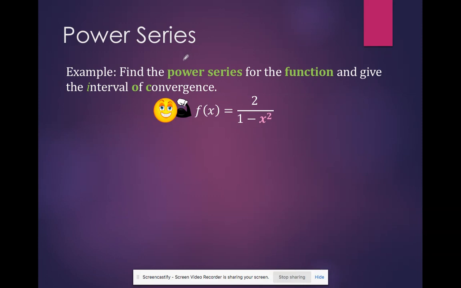So given the power series, either sigma or expanded, the problem will ask you for it for the given function. So given the function, find the series. Usually a test question will say, write out the first 4 terms. Maybe it says write out the first 3 terms and the nth term. Just follow the directions.